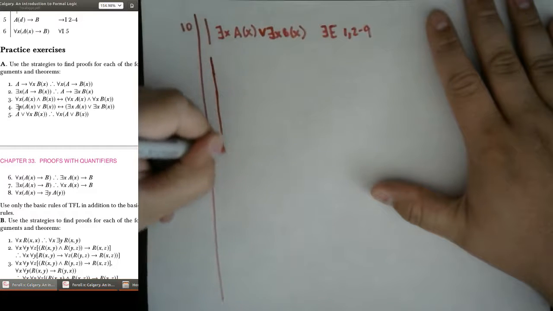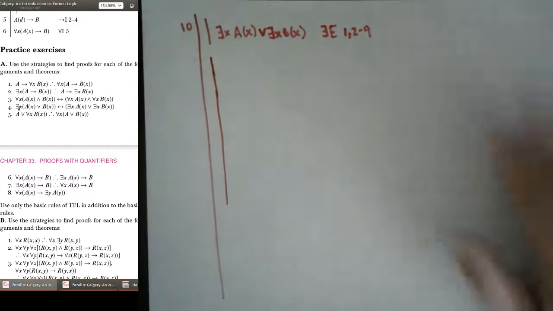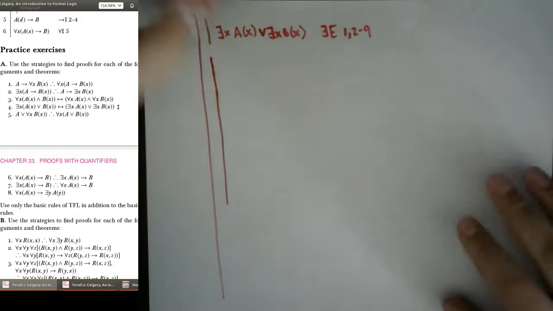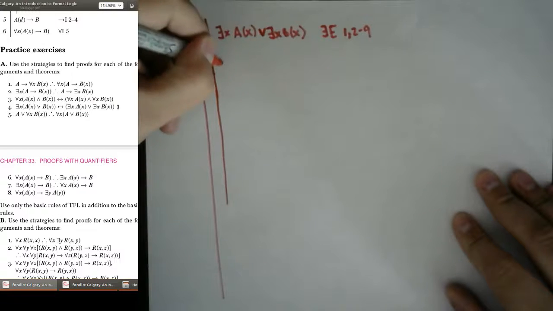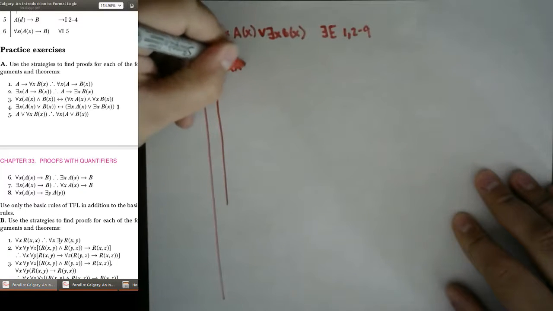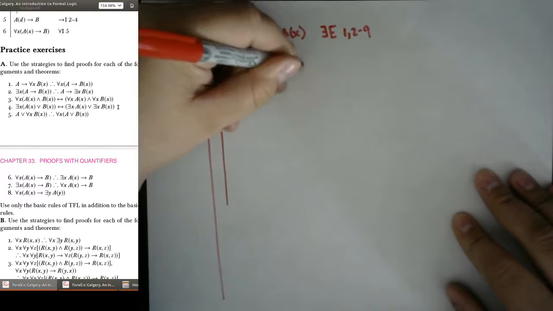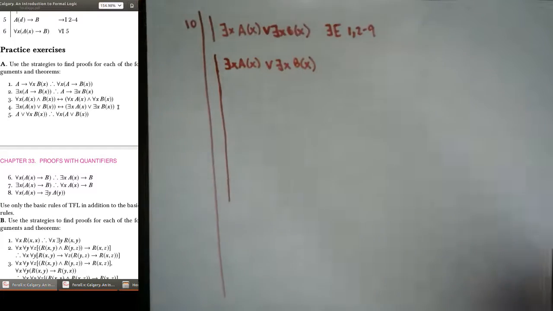I'm just going to give myself a bunch of room. And we're going to assume the right-hand side. We're going to assume this statement, the thing we ended up with, essentially: there exists x Ax, or there exists x Bx. So that's an assumption.